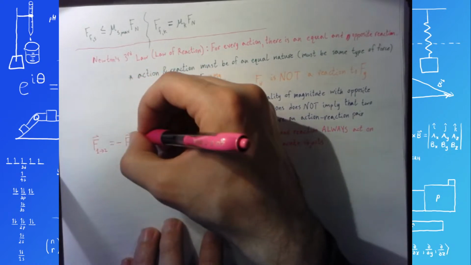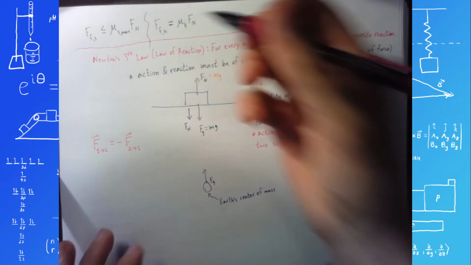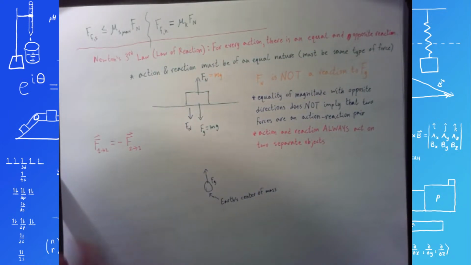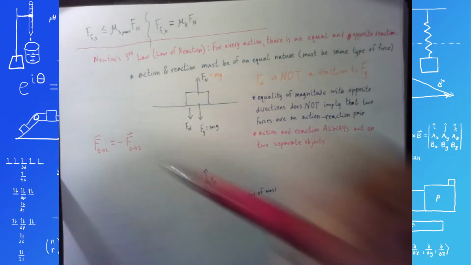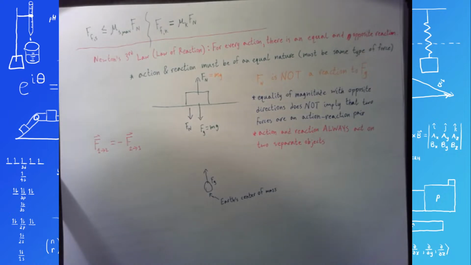That's why I'm including the arrowheads for once, to remind you that force is a vector and that the negative sign means a reversal of direction here. Action and reaction always act on two separate objects. That is why action and reaction can never cancel each other out.